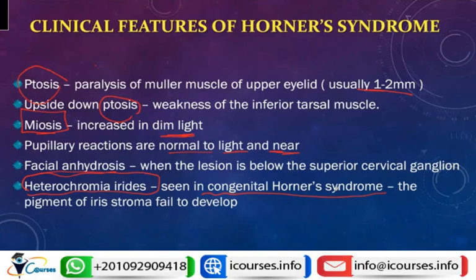So if the sympathetic system is not working, then there will be no melanocytes migration in the iris, so the affected iris will be pale or more light in color. So in congenital Horner syndrome, this will be manifesting by all these features, but in addition to heterochromia iridis.